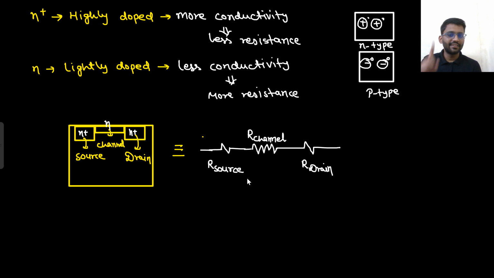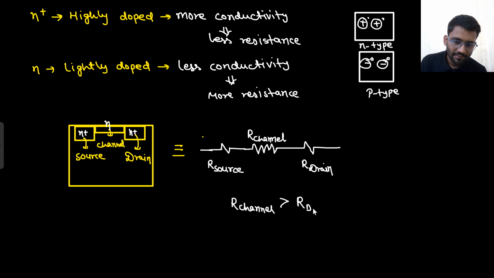So here the channel resistance is the maximum. The channel resistance is more than the drain and source resistance. Why so? Because it is less doped. Less doped means less conductivity, that is, more resistance.